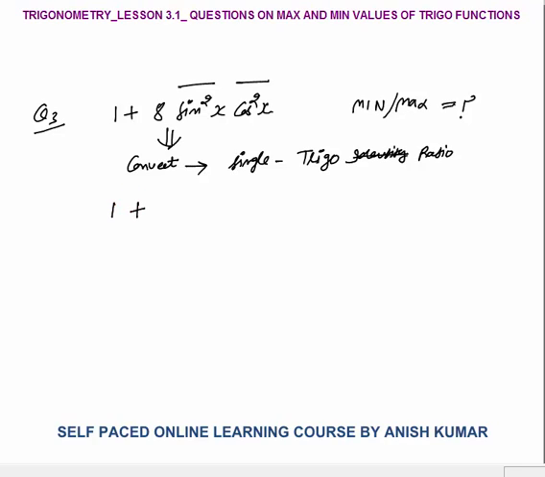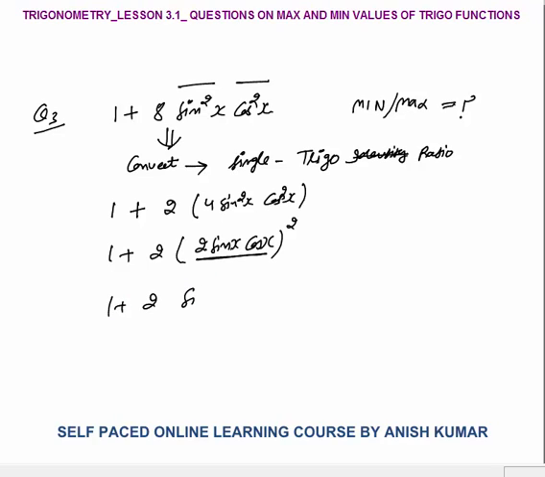This is 1 plus, can I say this is twice of 4 sin square x cos square x. Can I say this is equal to 1 plus twice of 2 sin x cos x whole square. What is the 2 sin x cos x?